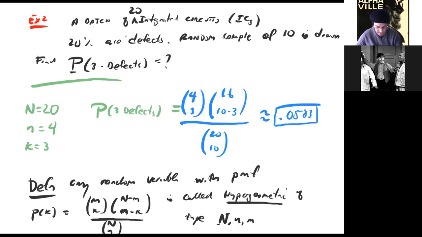So these three parameters determine the actual distribution. Okay, so let's now compute the expected value and the variance.